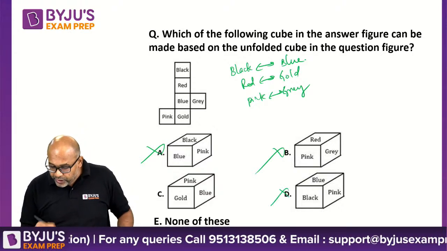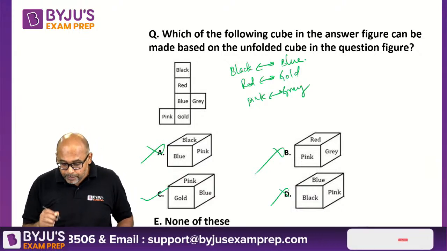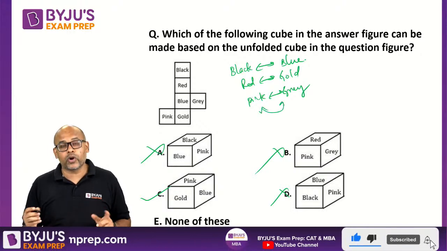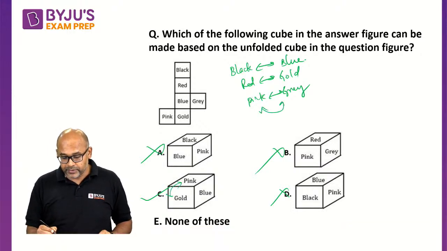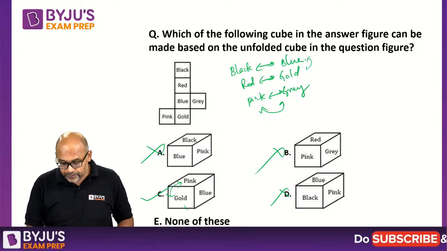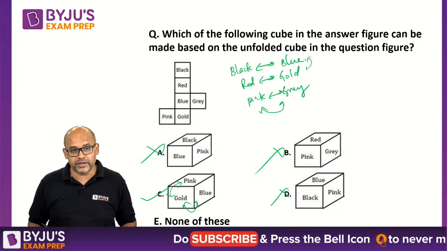Black and blue cannot be next to each other, therefore your answer option will be C. You can see that it's pink and grey who are opposite, so pink and gold can be next to each other. Gold and blue can be next to each other, so there's no problem. Pink and blue can be next to each other, so there's no problem with option C.